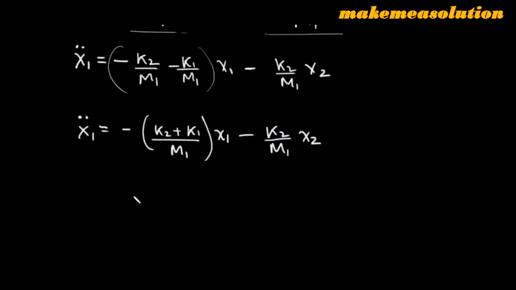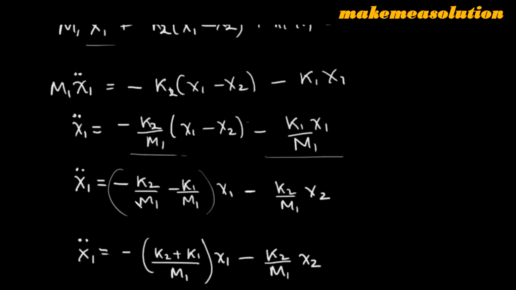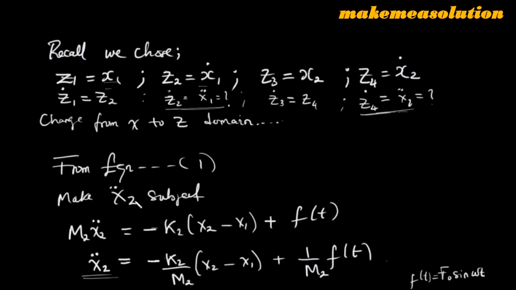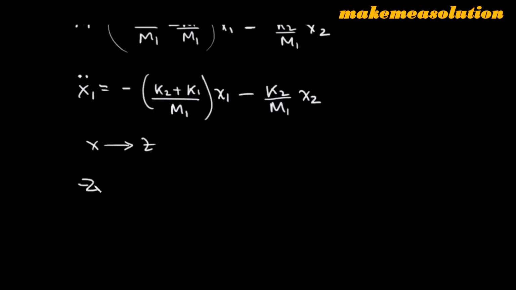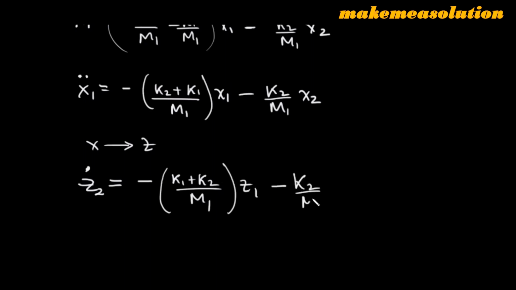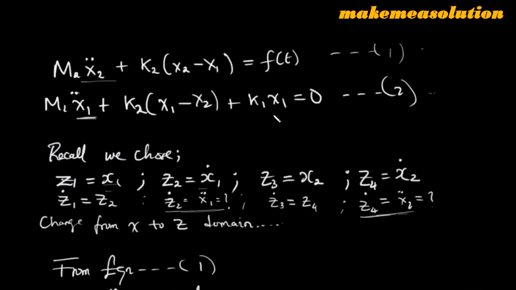So you can now make the changes, x to z. Remember what x1 double dot is? Your x1 double dot is your z2 dot, which is equal to minus k1 plus k2 all over m1. So your x1 is your z1, and minus k2 over m1, and your x2 is actually going to be your z3, not your z2.